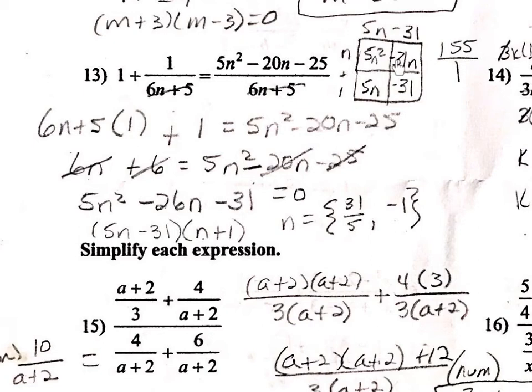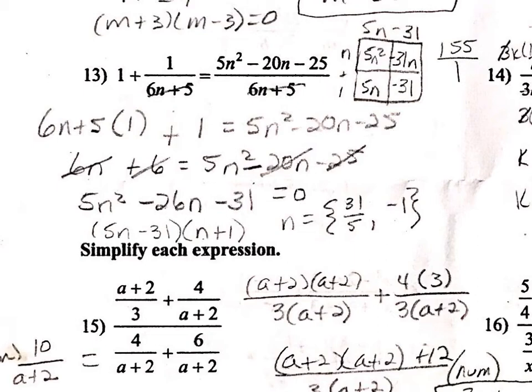So negative 31 plus 5 gives me a negative 26. So that's what I'm going to use for my middle terms. Negative 31 times 5 gives me the 155, but the negative 31 plus 5 gives me the negative 26n, which is my middle term.